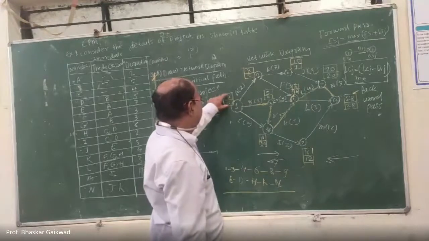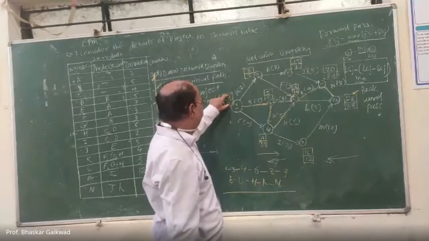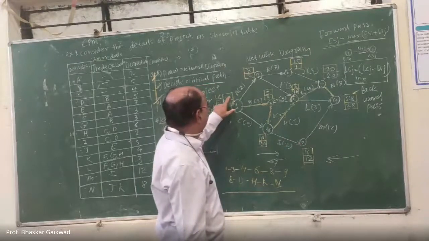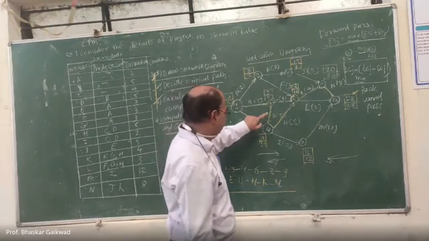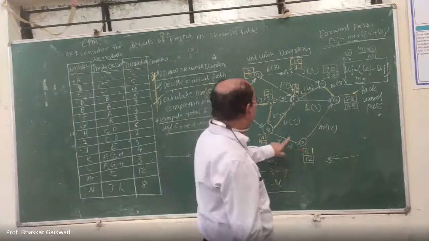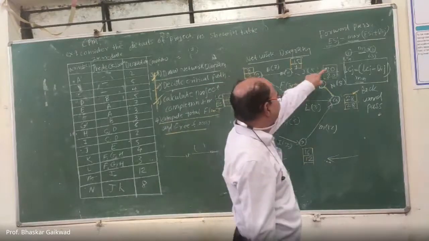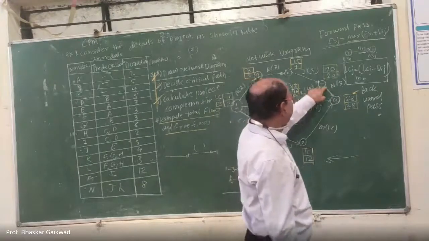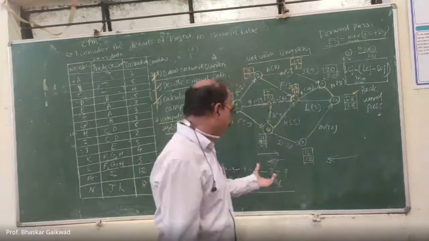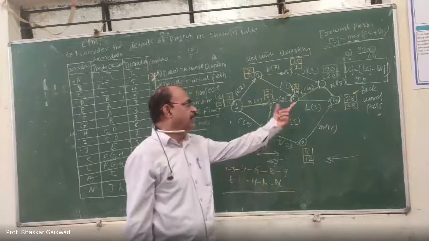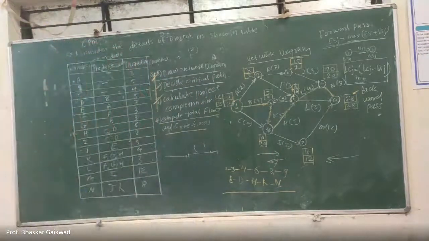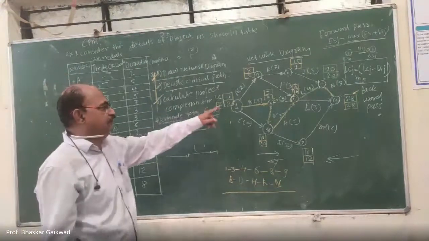After this, you have to find out where these are equal. Suppose here 0, 0 is there, 5, 5 is there, 10, 10 is there. Then 16, 16, and 20, 20. This is the critical path. And you have to calculate the total time required to complete this project. So this is the third point, completion of project time, that is 20.